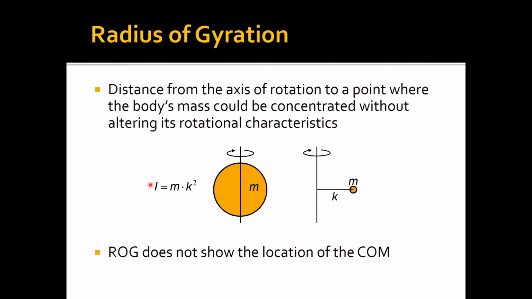Here, I means moment of inertia, which is equal to mass times radius of gyration squared. Here, ROG means the radius of gyration. The radius of gyration does not show the location of the center of mass. Although it reflects the rotational characteristics, it does not show the location of the center of gravity or center of mass.